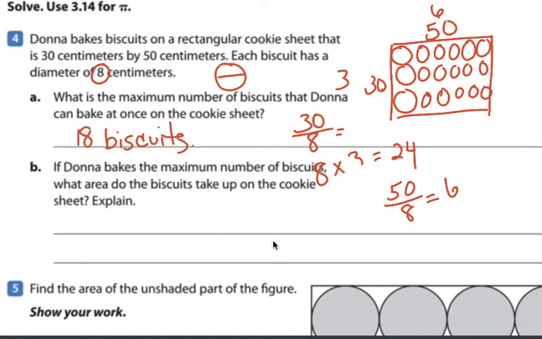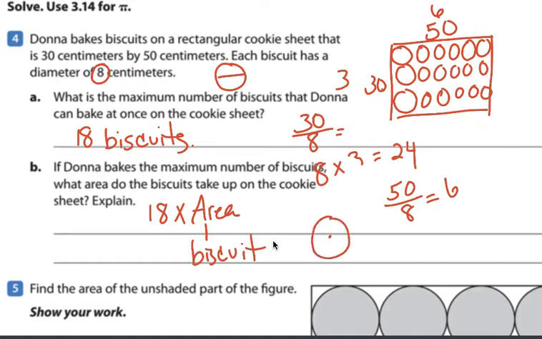If Donna bakes the maximum number of biscuits, what area do the biscuits take up on the cookie sheet? And explain. Okay, the maximum number would be 18, right? So I would need to say 18 times the area of one biscuit. It tells us the biscuit has a diameter of 8.